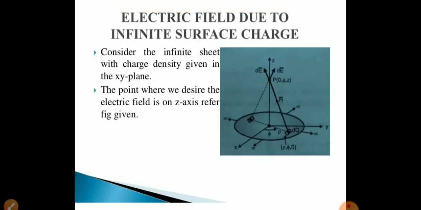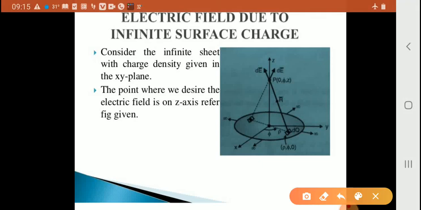Electrical field due to an infinite surface charge. Consider a surface having area S. Now consider the infinite sheet with charge density in the xy plane.